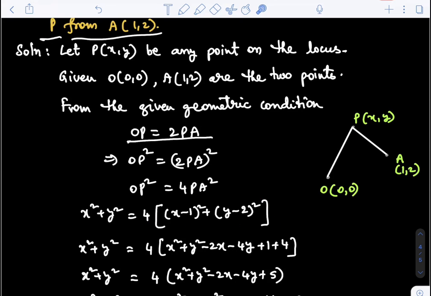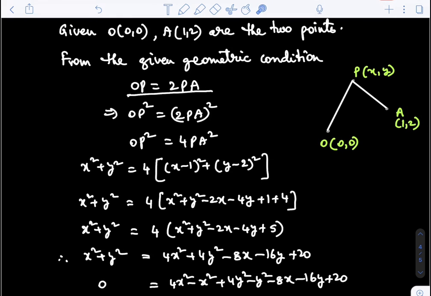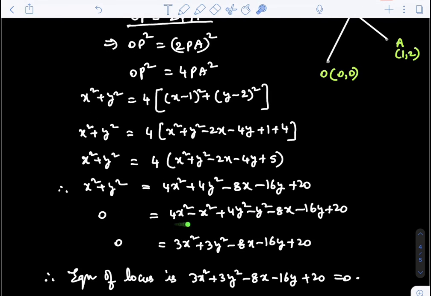In brackets PA square, this distance is taken, and we simplify. In the next step, 4 is multiplied by every term in it so that the bracket is removed, and afterwards this x square and y square are taken to the RHS, and these are like terms, so in the next step they are simplified.